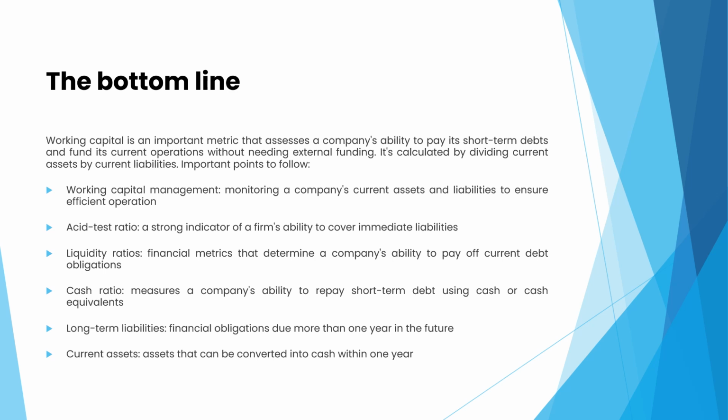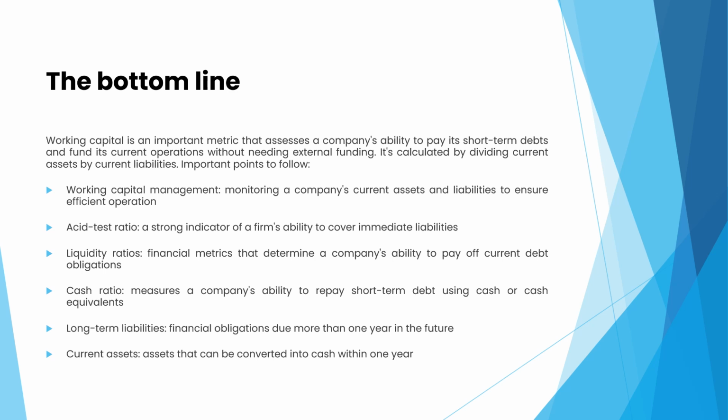Working capital can be easily managed by monitoring a company's current assets and current liabilities to ensure efficient operations. One should regularly do an asset test ratio, which is a strong indicator of a firm's ability to cover immediate liabilities. One should keep on monitoring liquidity ratios, which give a fair sense of financial metrics that determine a company's ability to pay off current debt obligations.